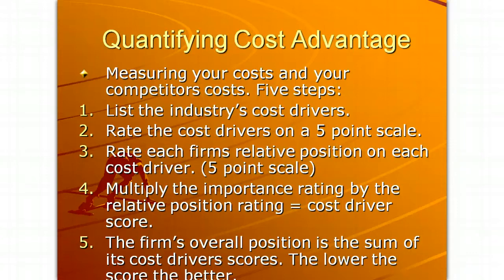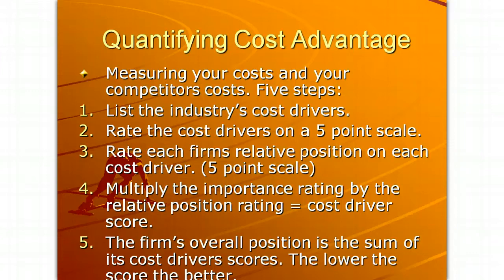They want you, in the first column, to rate the importance in the industry from 1 to 5, with 1 being high and 5 being low. And then in the second, they want you to rate your firm's relative position, with 1 being the best and 5 being the least preferred position. Multiply the 2 columns together, add up the total, and the lower the score, the more efficient your company. So that's one way.